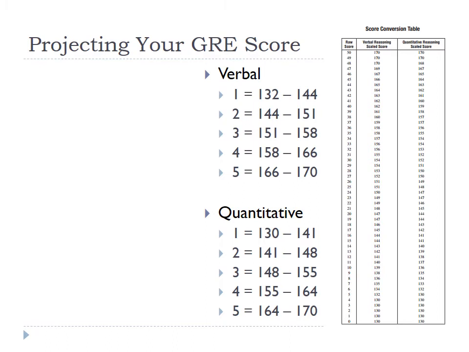So if you got a 3 on verbal, that's awesome, either pre-test or post-test. Same thing for math. If you got a 3, you're in really good shape, pre-test or post-test. Hopefully it makes you feel a little bit better.